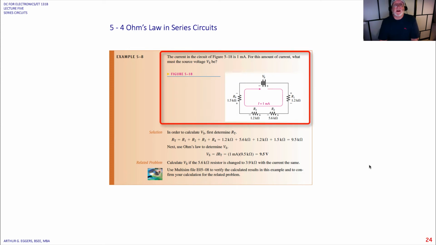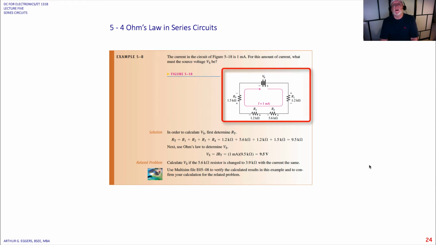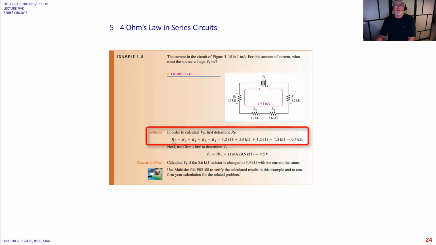Okay, now another example. The current in the circuit is 1 milliamp. So now in this one, we're not given the source voltage, we're given the value of the current. For this amount of current, solve for the voltage source. Since we know the current through every one of those resistors is going to be the same, we're going to solve for the total resistance first.